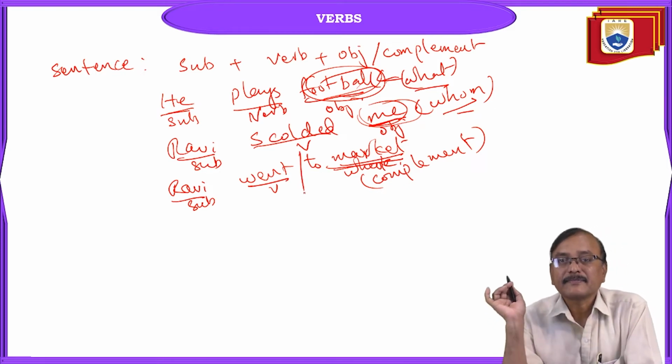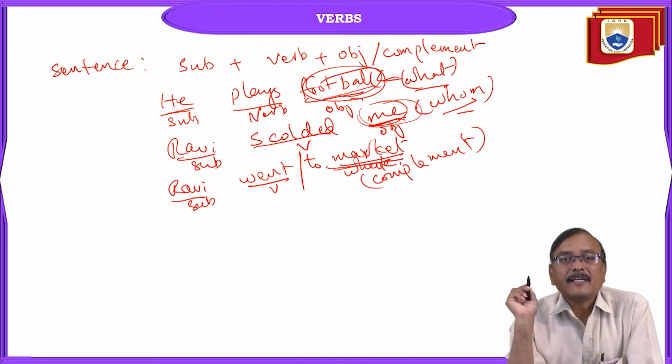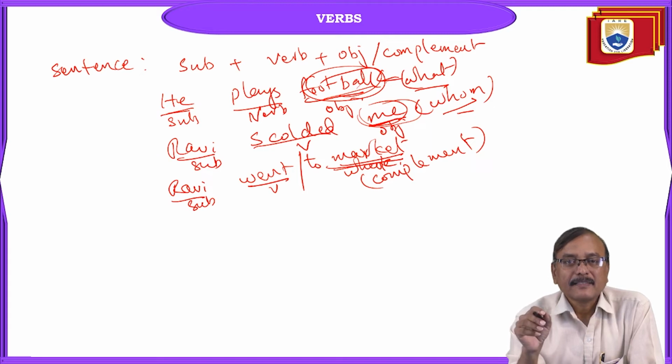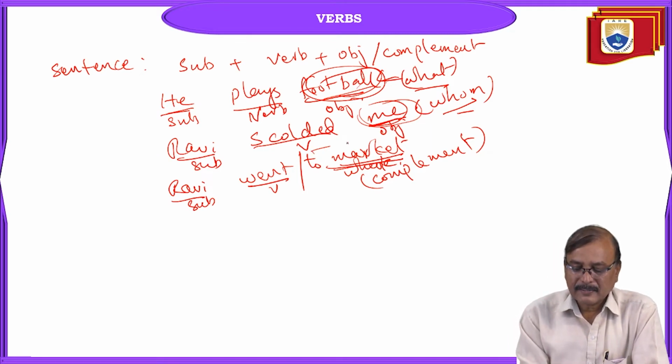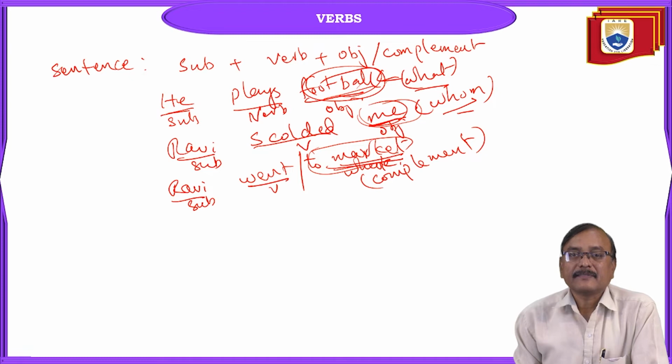He went. If you say he went, is the sentence completed? No. Immediately a question arises: where? Then you have to answer. Without this, the sentence is not completed.